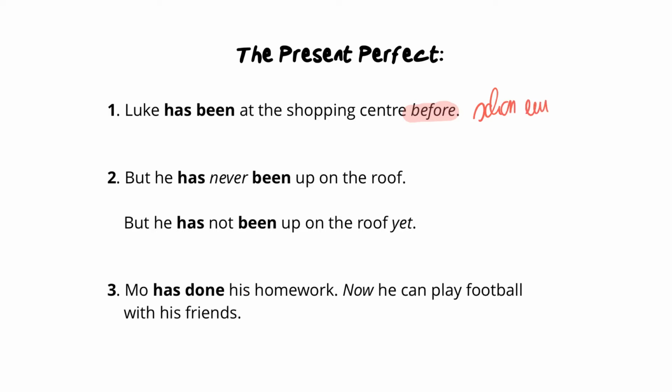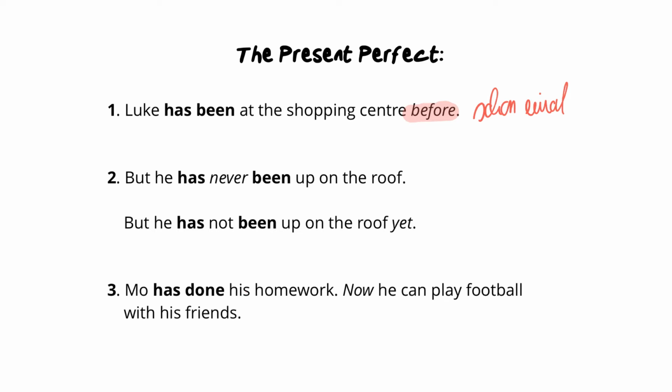Let's move on to the second sentence. But he has never been up on the roof. Or, but he has not been up on the roof yet. Again, here, as in sentence number 1, there's no specific point or period in time mentioned. Let's translate these two sentences together.